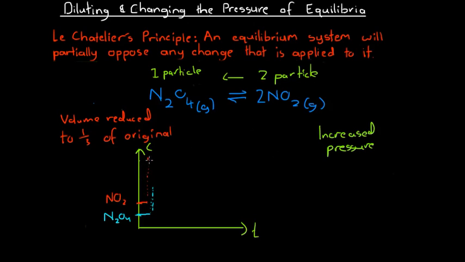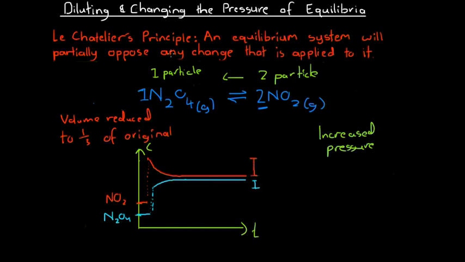That will look like this. And we'll also have an increase in the concentration of N2O4, and that increase will be half the size of the decrease in NO2 because we have a 2 here and a 1 here. So we see an increase in the concentration of N2O4 like so, and the size of this increase is exactly half the size of this decrease.